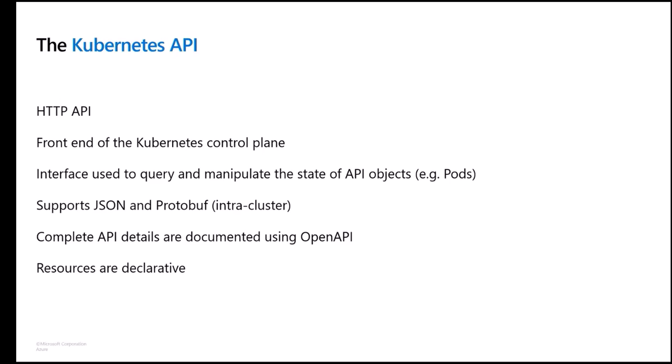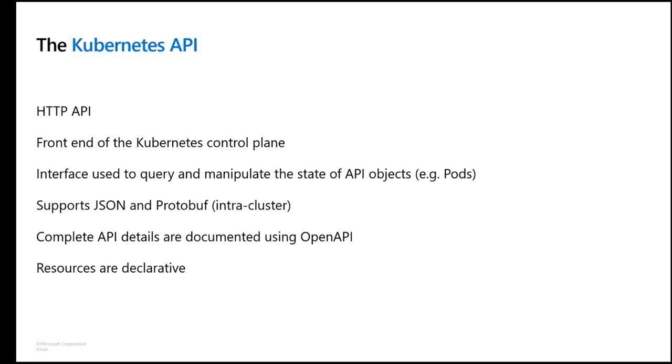And then finally, resources in the API are declarative. This is unlike most HTTP APIs that we talk to. Normally, when we send a request to an API saying, hey, create a user for me, and it returns back saying successful, that implies that there is a user sat in a database somewhere and the transaction has completed.